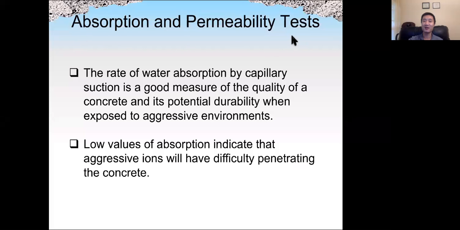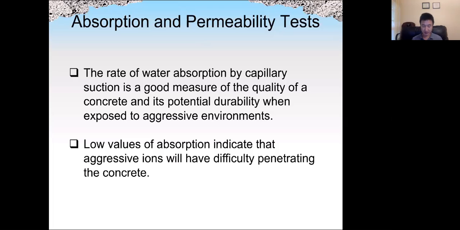All right, let's start. Okay, so last time we finished at maturity. We talked about how to calculate the maturity, which basically is the area underneath the temperature and time curve.